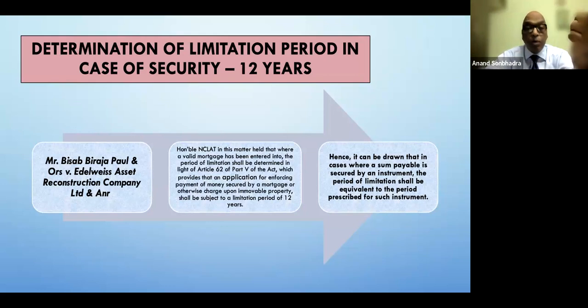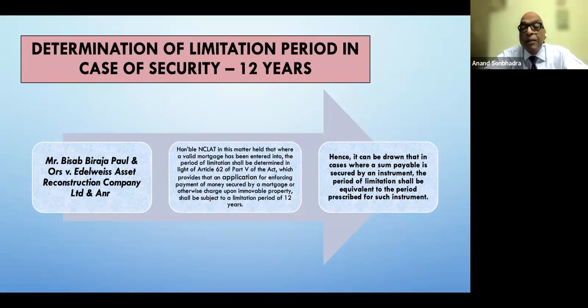I think we spoke about it while quickly referring to the schedule. Article 62 would be one of the key ones which will apply to CIRP and liquidation cases, which provides that an application for enforcing payment of money secured by a mortgage or otherwise charge upon immovable property shall be subject to a limitation period of 12 years.